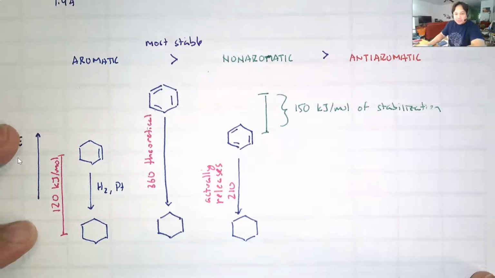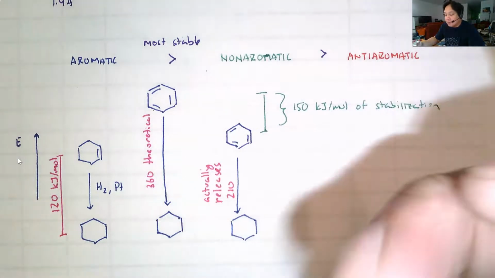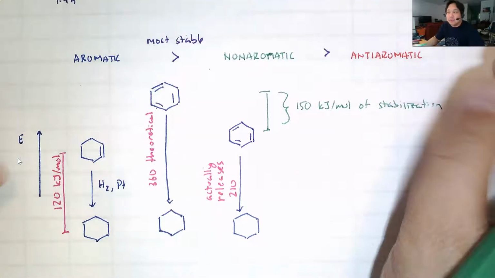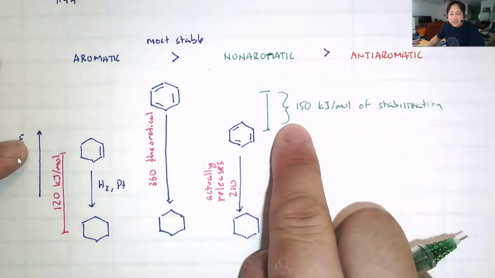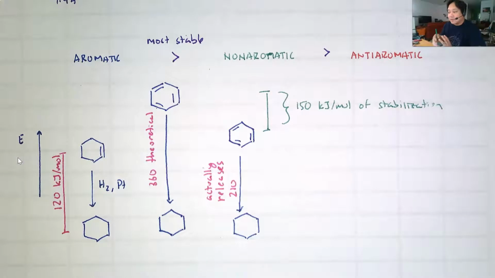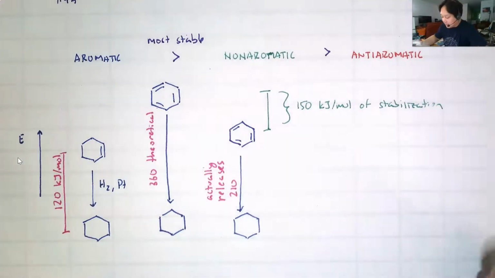I'm not going to show you the numbers, but the stabilization due to resonance and conjugation would not equal this much. So there has to be some other type of stabilization added on top of resonance and conjugation.